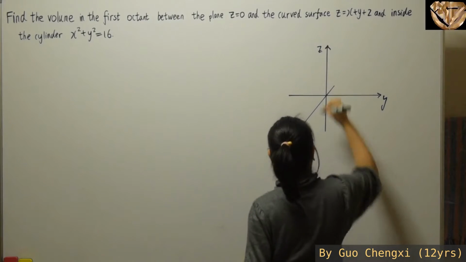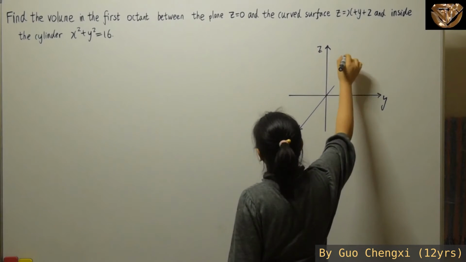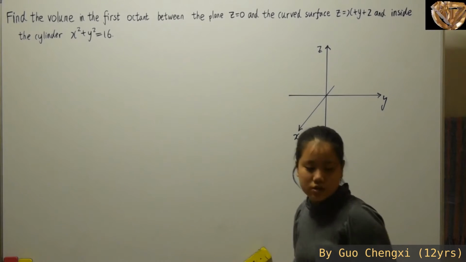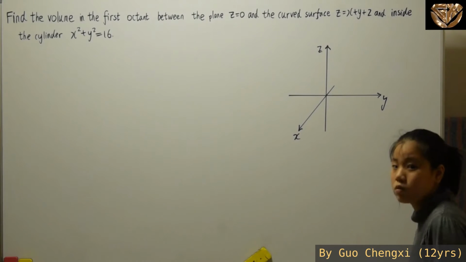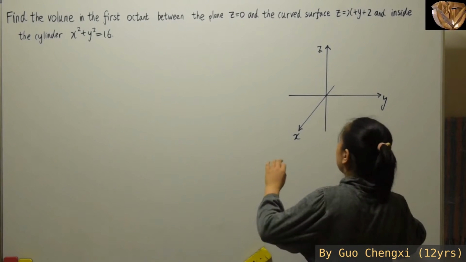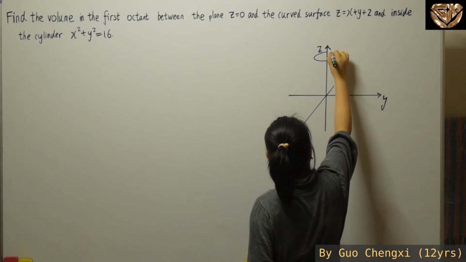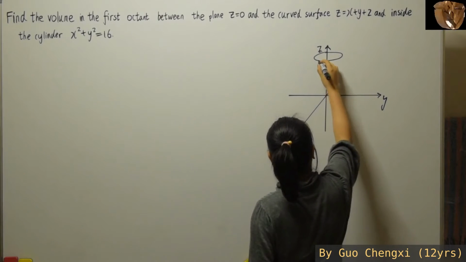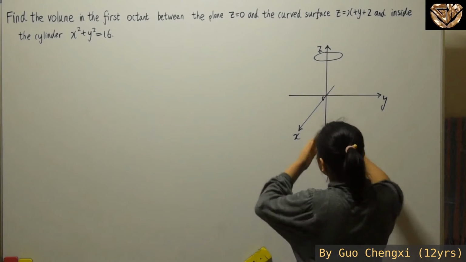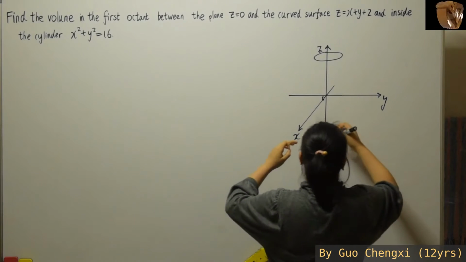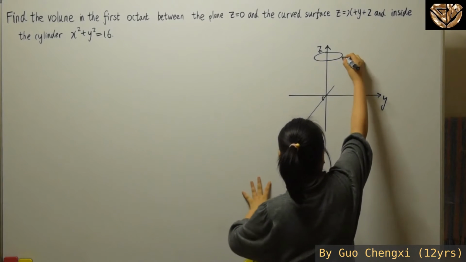So this is basically the x, y, z axes. The cylinder over here is going to be somewhere in the center.